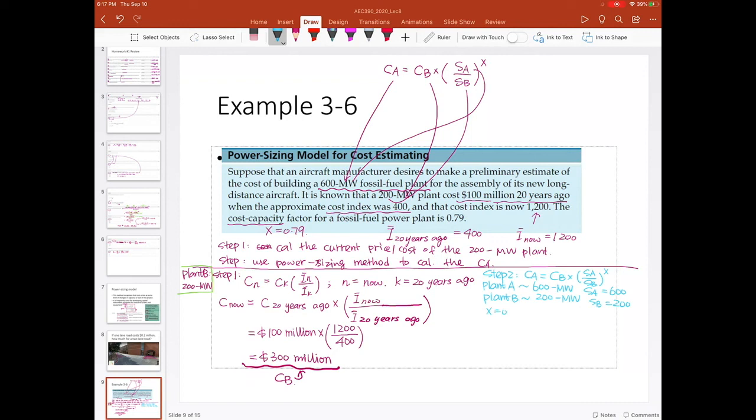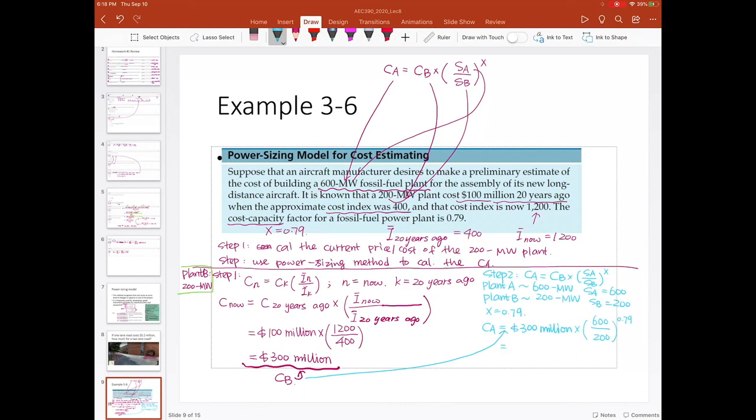And X is 0.79. Okay, so CA is the cost we want to know. CA is the cost of the 600 MW plant. So CA is CB. So CB we already know it's here. Okay, so CB is 300 million US dollars times SA is 600, SB is 200, and X is 0.79.